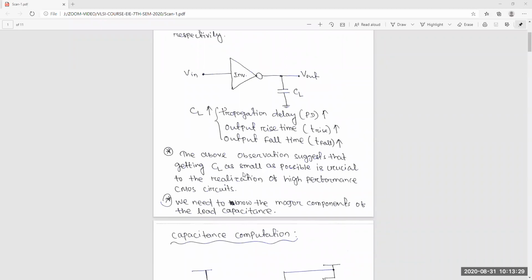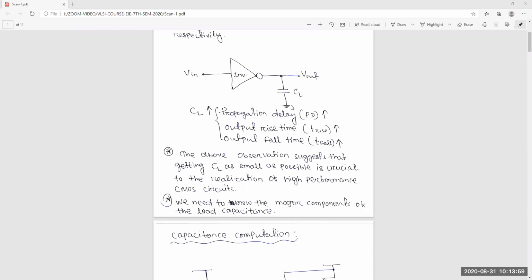Okay, sir. First, we know that if CL, the load capacitance, increases, then definitely these timing parameters, propagation delay and output rise time or fall time, will increase. Forget about the intrinsic R, the resistance inside that inverter.